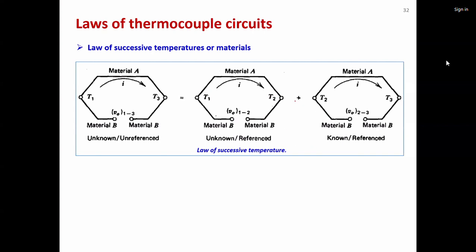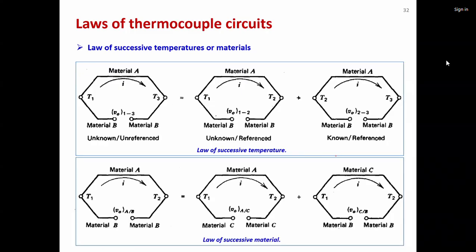And in the second case, I have material A and material B, the temperatures are T2 and T3. So it says that the output for the junctions at temperature T1 and T3 will be equal to the sum of outputs for when the junctions are at T1, T2 and T2, T3. So basically V0,1,3 will be equal to V0,1,2 plus V0,2,3. This is called law of successive temperatures.